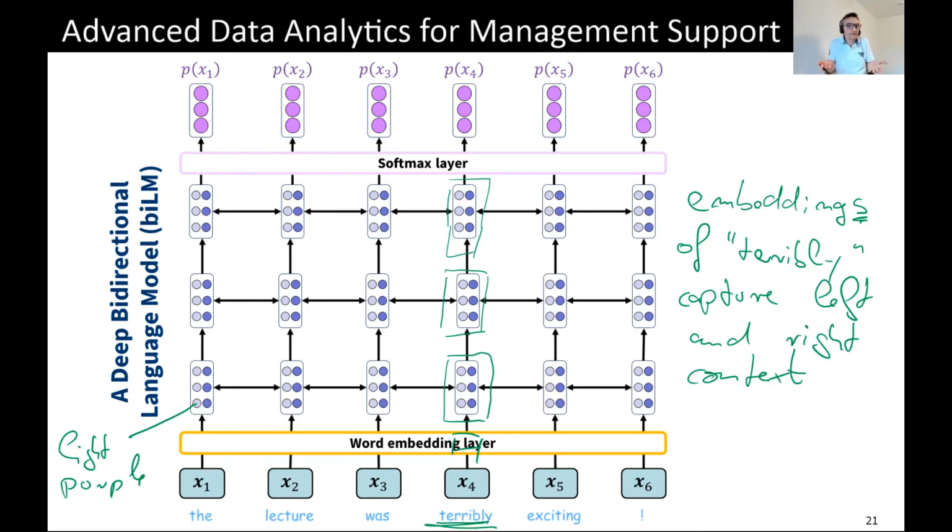You have syntactic, but also semantic clues that you bake into the embedding of the word "terribly". And that is new compared to Word2Vec and others, because these other embeddings were lacking the recurrent structure, where you compute the context when you receive a sentence.